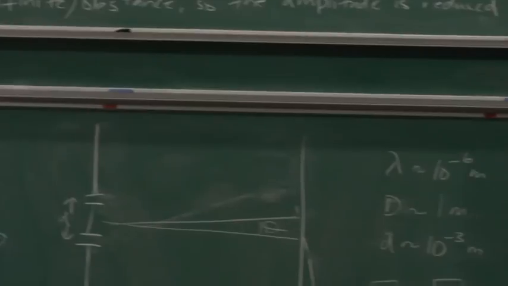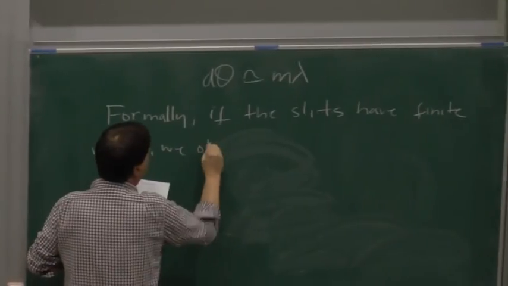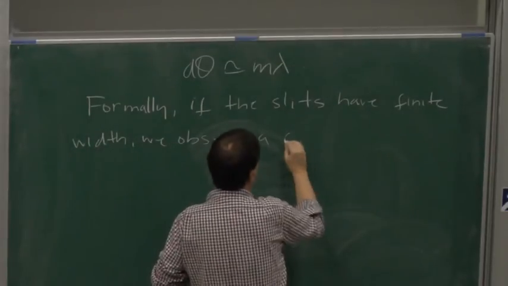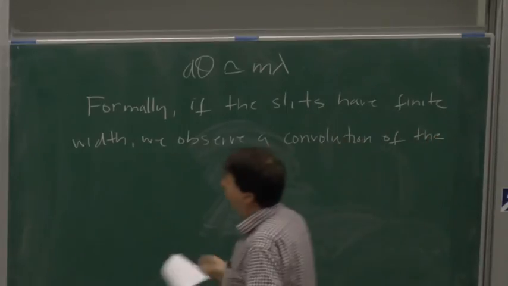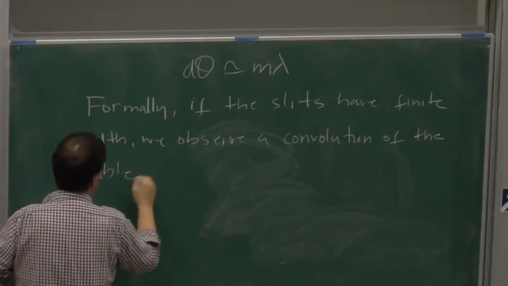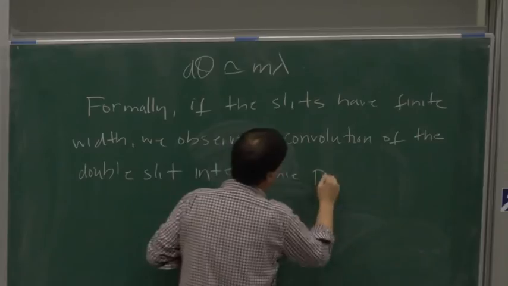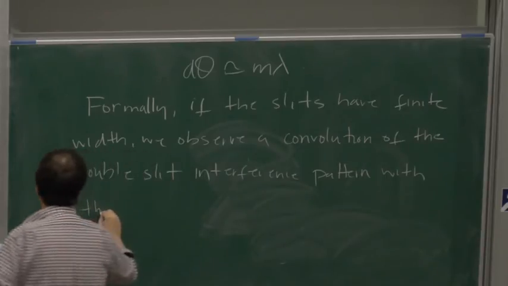However, formally, if the slits have finite width, we observe a convolution of the double slit interference pattern with the single slit diffraction pattern.